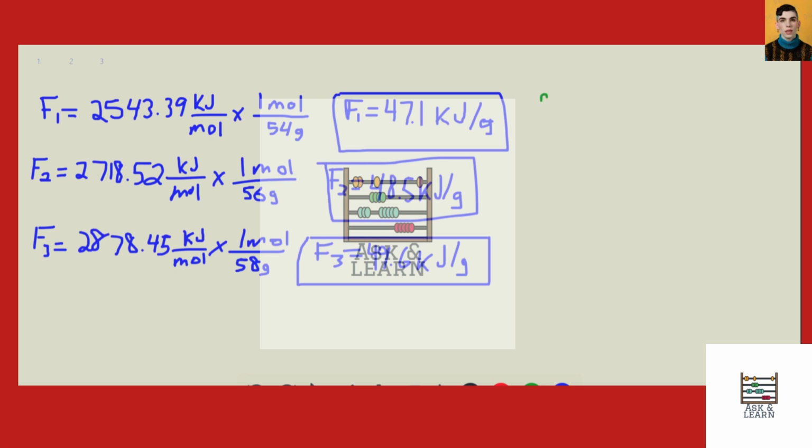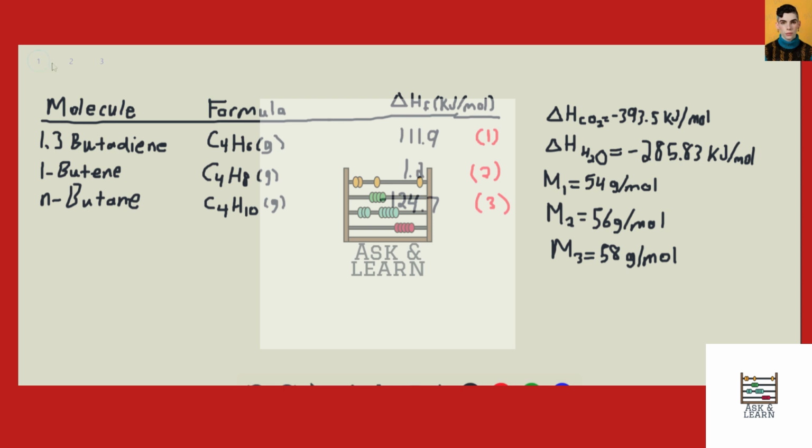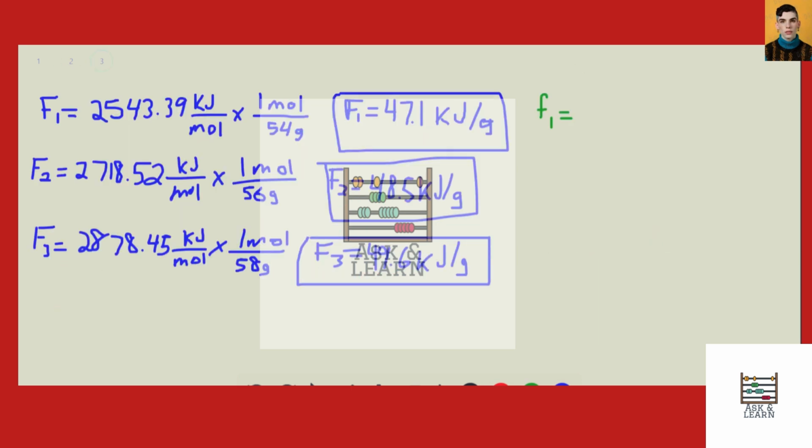So F1 is equal to 6 hydrogens divided by 54 times 100, which is 11.1%.